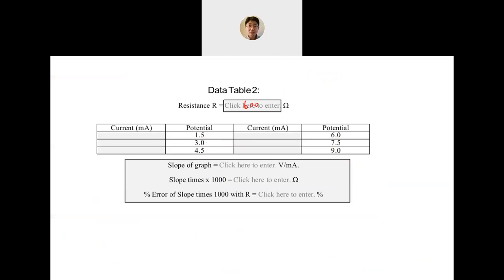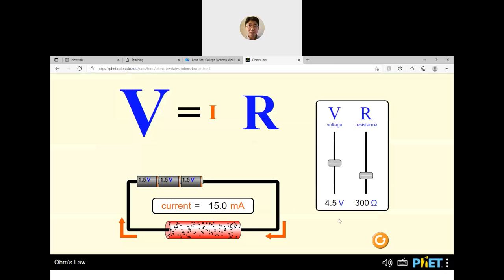Then we can come back to our simulator here. Okay, here is 600 ohm. How to change 600? You have to use tab. Choose the button. This 600 ohm.